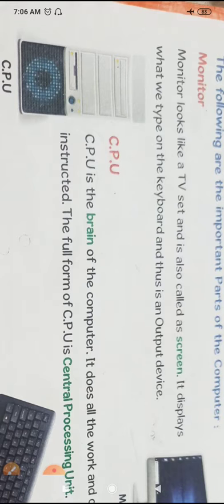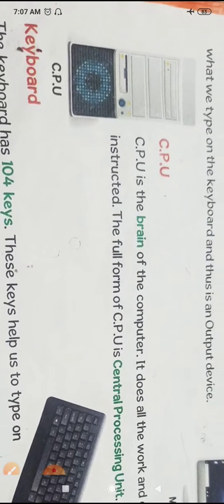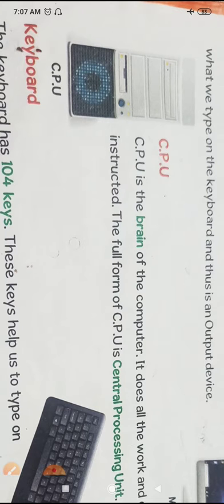So whatever you type from the keyboard, or whatever you point with the mouse, you can see on the monitor screen. Next thing is your CPU. Now CPU is the brain of the computer. You can see the picture of CPU.